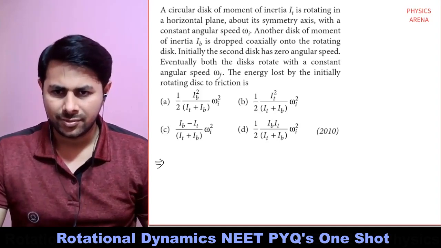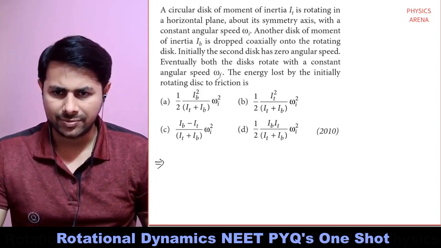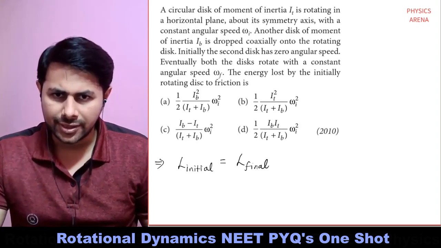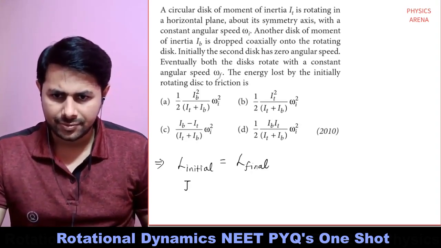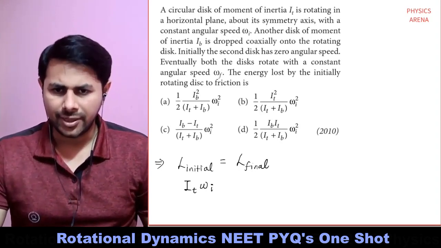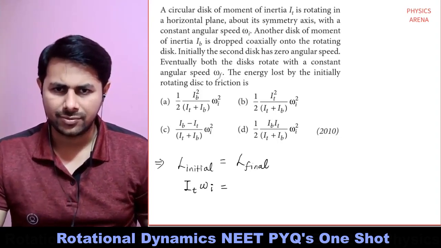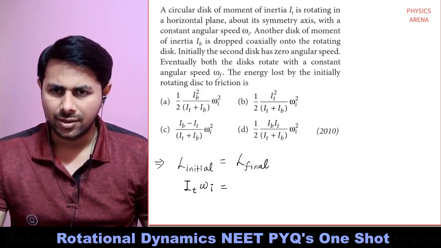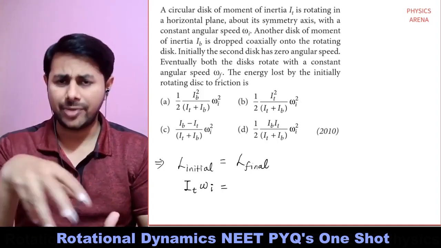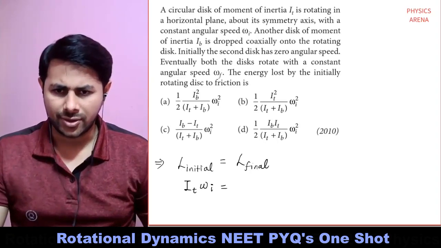because there is no external torque. So how much is the initial angular momentum? L initial equals L final. It is just I_t multiplied by omega_i, where omega_i is its angular speed. It is equal to, then, another disk of moment of inertia I_b is dropped onto the first.